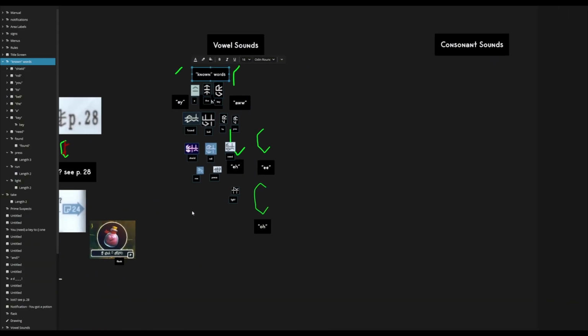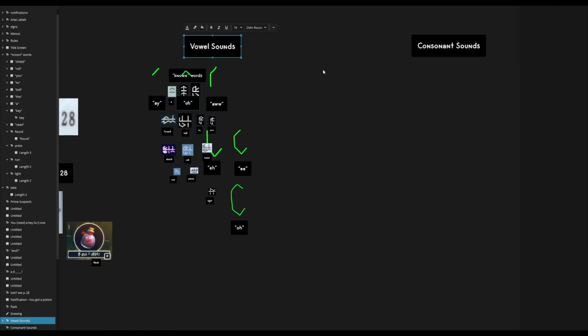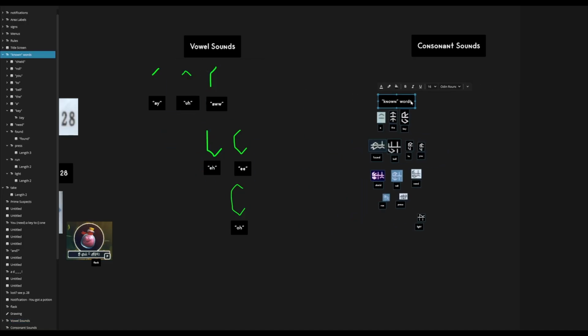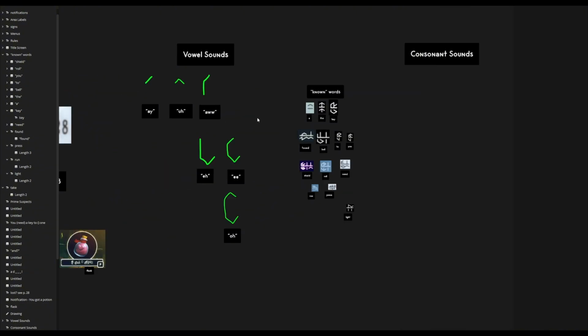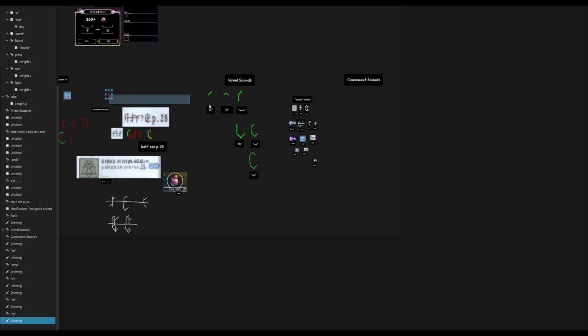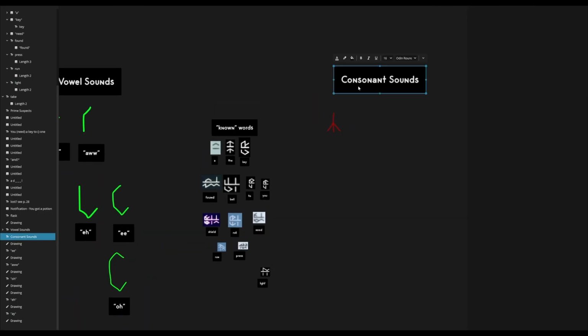We're going to give ourselves a nice little workspace over here. Okay, so consonant sounds should be its own thing. It is.